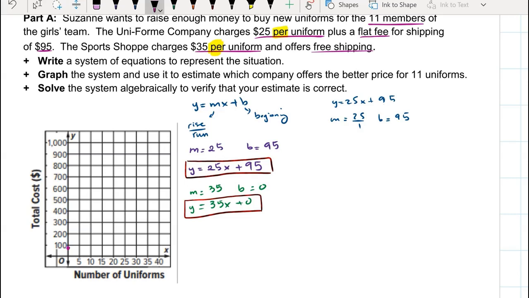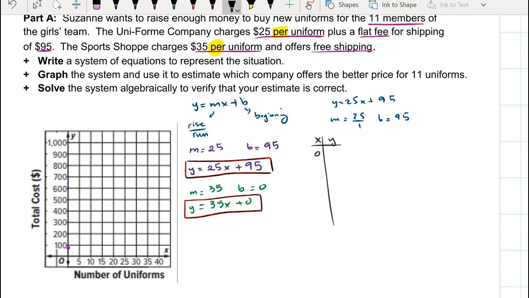We have to make an x and y value table. Okay, plug in 0 for x. I would choose 1, 2, 3, but the problem is on the scale, the x-axis goes by 5, 10, 15, 20. So I cannot plug in 1, 2, and 3, which is really hard to graph to see how the points go.